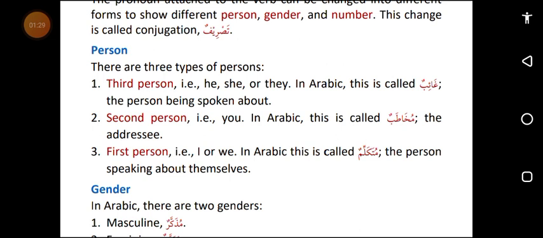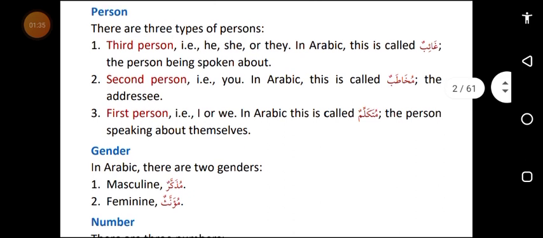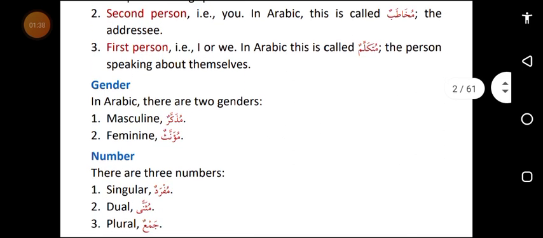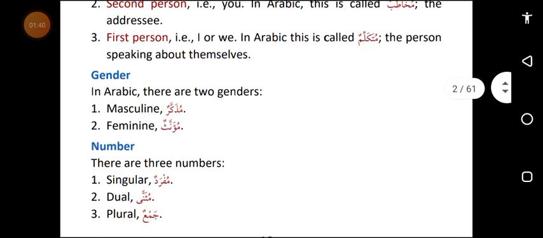And then we learned about the third person, which is huwa, huma, hum, hiya, huma, hunna. So according to the gender and the number of the fa'il, we have learned about the 14 sighas of fi'l madi.